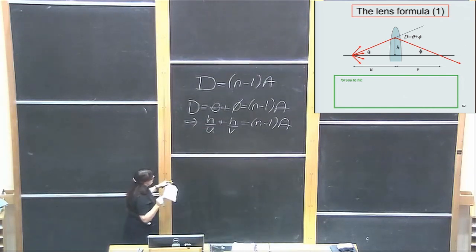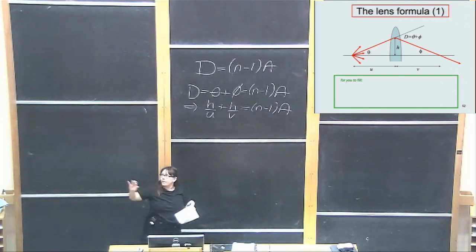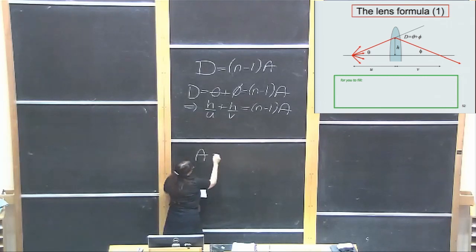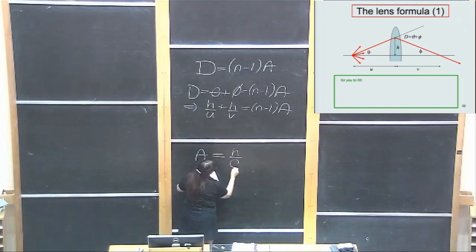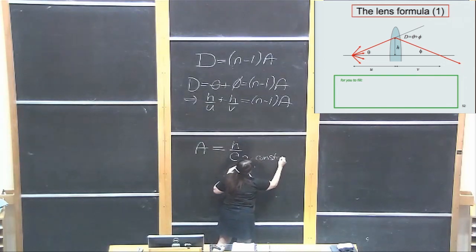Right, and then we'd left it that I argued that this thing will function as a lens, provided that we can write the apex angle as h over c, where c is some constant, which we're about to determine.